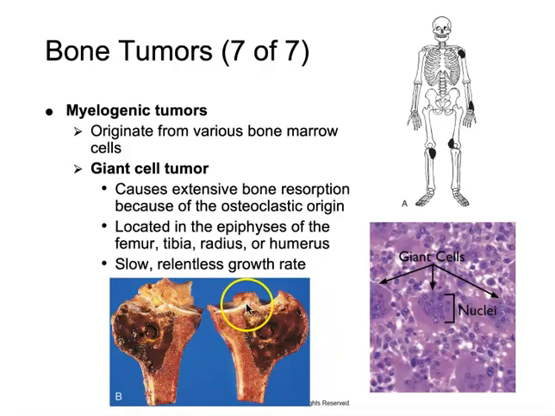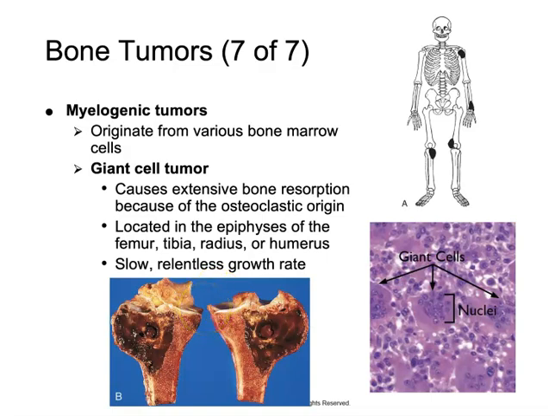And these clients typically will experience pain, local swelling, and limited joint movement. And to diagnose it, we're going to want to use radiographs, CT, and MRI. For treatment, we would use cryosurgery and a tumor resection. We can also use PMMA bone grafts.